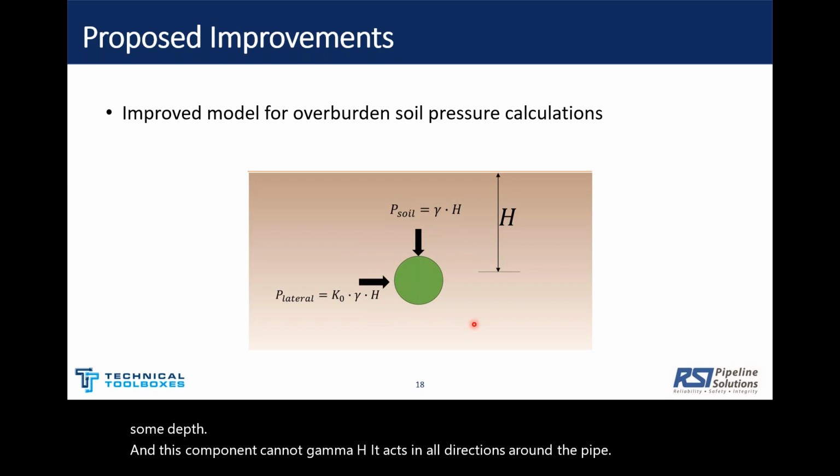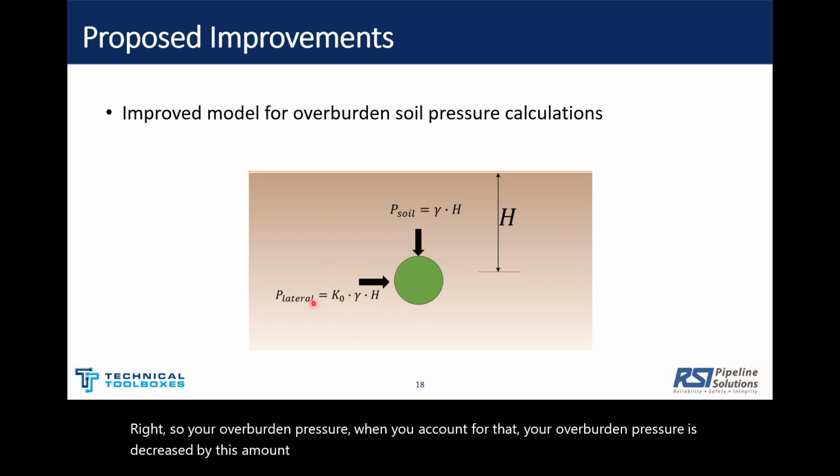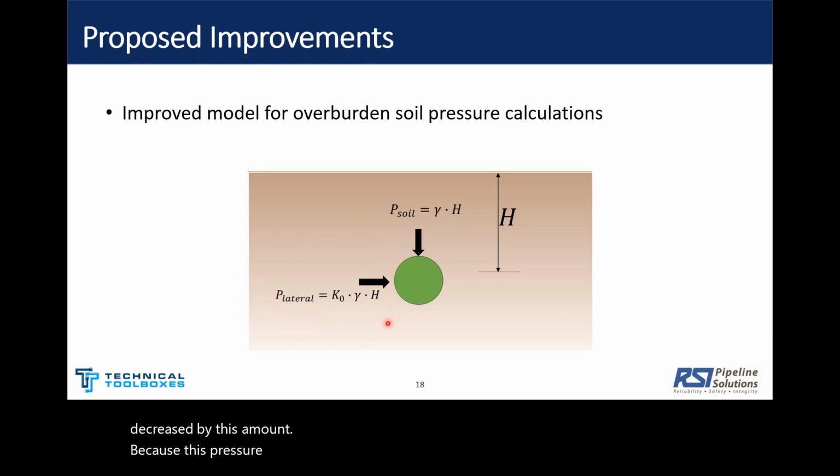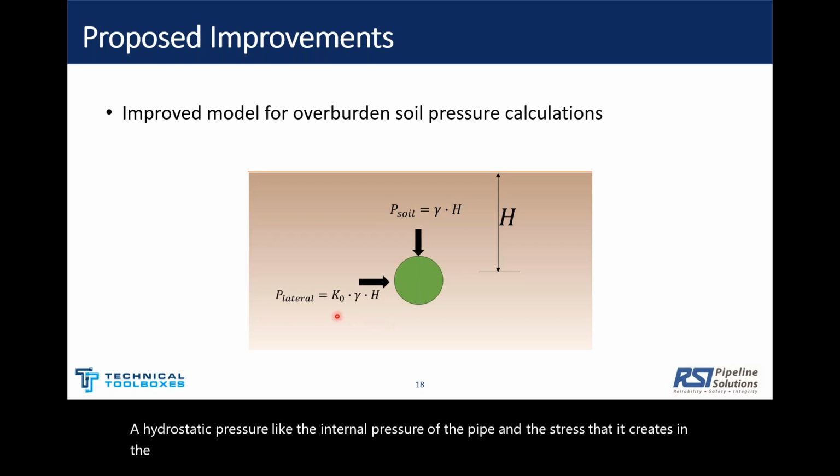So when you account for that, your overburden pressure is decreased by this amount. Because the way this pressure affects the pipe is like a hydrostatic pressure, like the internal pressure of the pipe. And the stress that it creates in the pipe is much less compared to the CEPA stress.